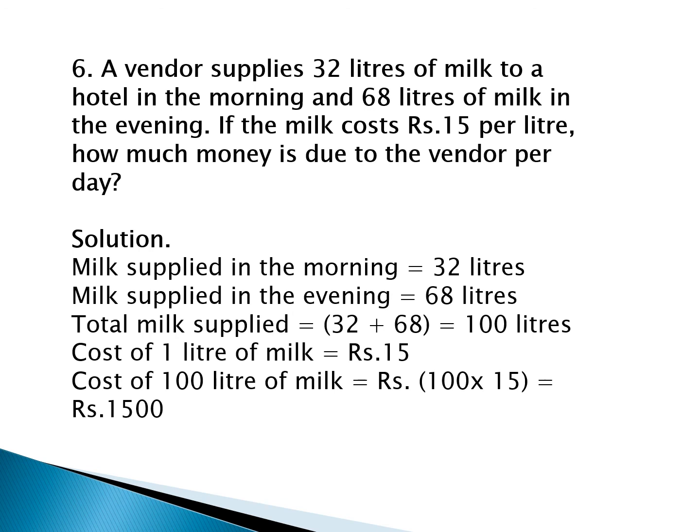Now to get the cost of 100 liters of milk, we will multiply 100 by 15. As the cost of 1 liter of milk is rupees 15, to get the cost of 100 liters of milk, we will multiply. So 100 when multiplied by 15 will give you 1500. Now 1500 is the amount of money which is due to the vendor per day. I hope this question is clear.